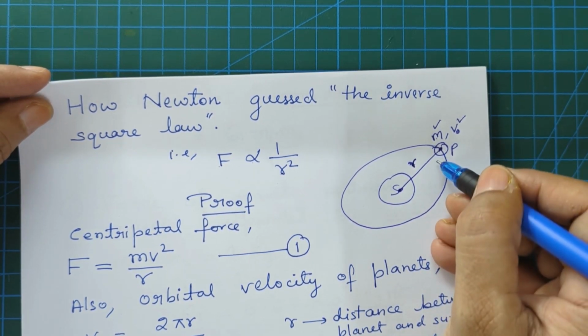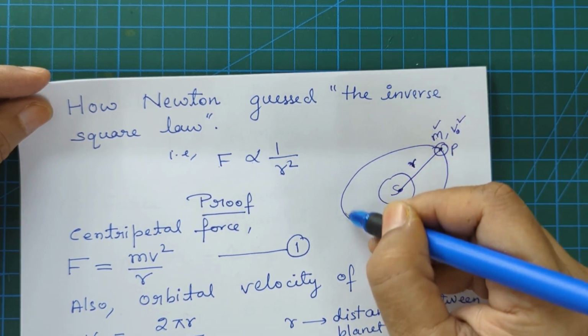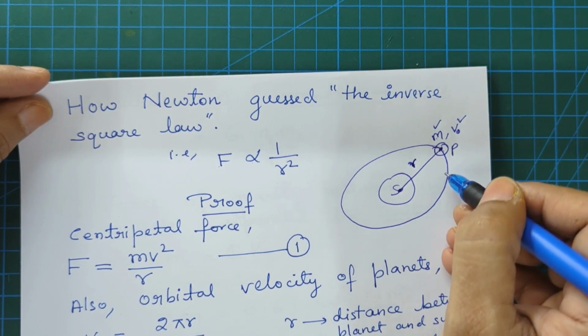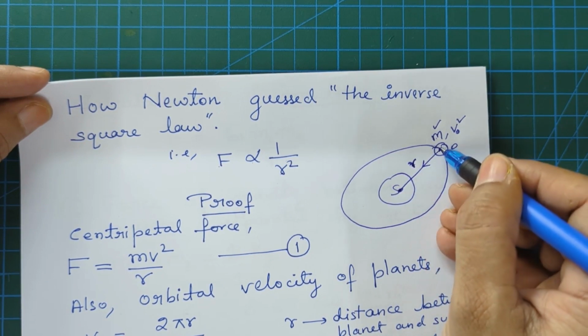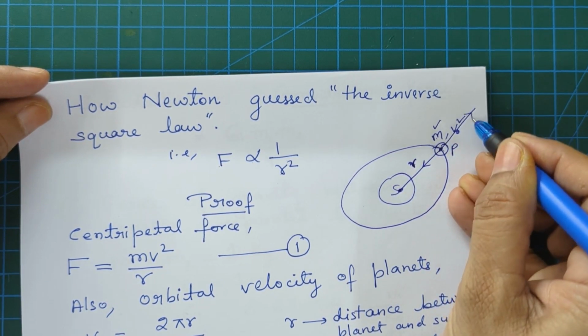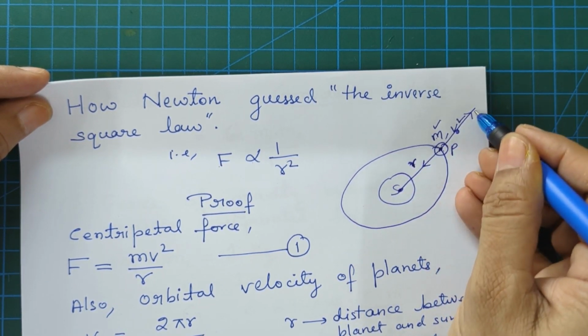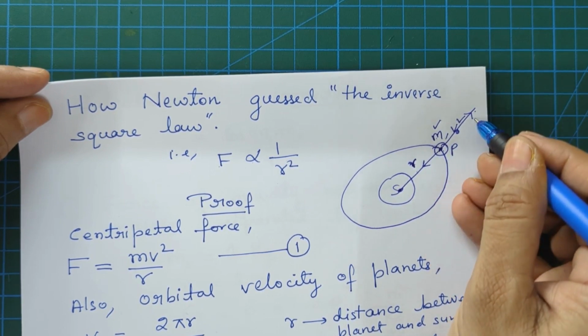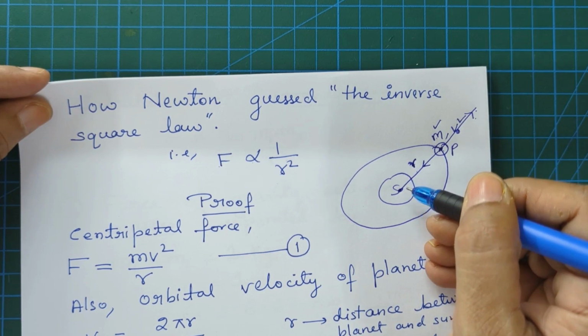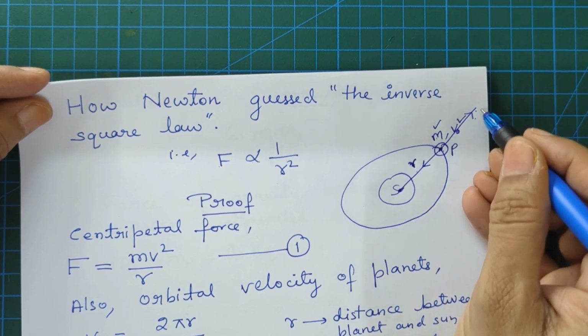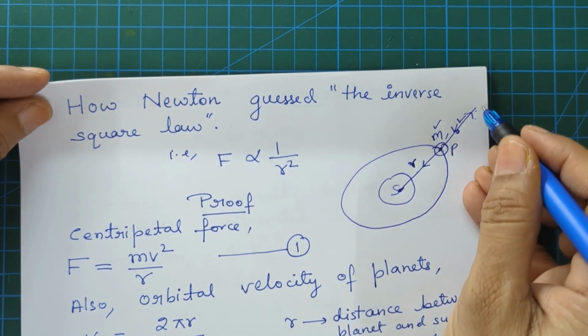When the planets revolve around the sun, they are under balanced forces. One is the inward force and another is the outward force. The inward and outward forces are opposite in direction but equal in magnitude. The inward force is called centripetal force. The outward force is called centrifugal force.